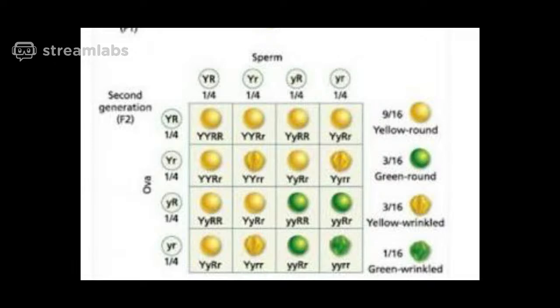Now look at the second triangle, leaving 2 yellow round seeds, you will get 3 yellow wrinkled seeds. Look at the third triangle, 3 round seeds. And look at the last box, green and wrinkled. Now what will be the ratio? 9:3:3:1. This is the ratio of F2 generation.